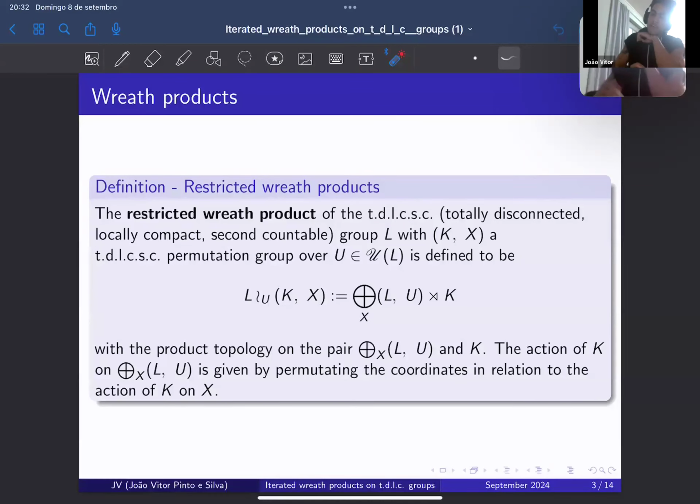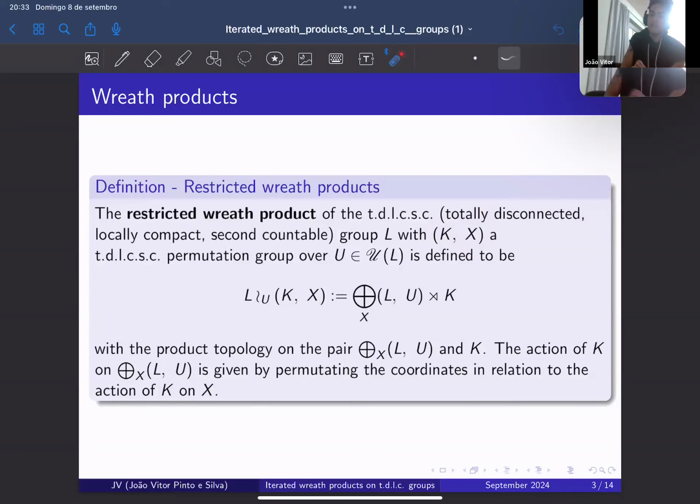So you have a t.d.l.c. group L, and you have K, a t.d.l.c.sc permutation group acting on X, a countable set. And you usually act with compact open point stabilizers, which is a nice-ish property.